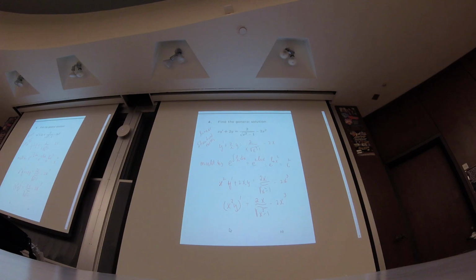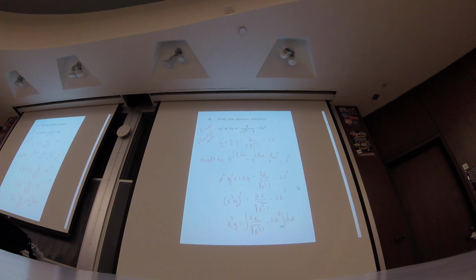So x squared y must be the integral of 2x over square root x squared minus 1 dx, minus the integral of 2x cubed dx. Can I integrate that? Yeah. You have confidence in me that I can?